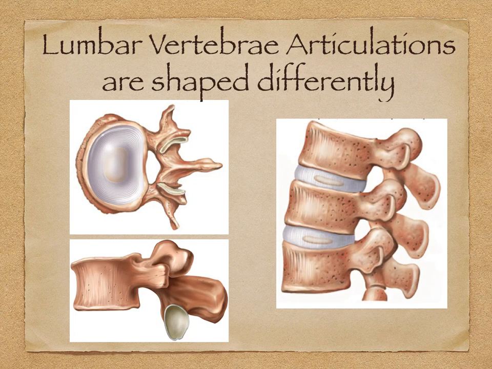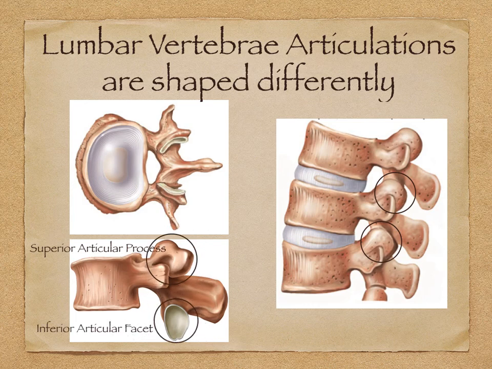The part of the vertebra that sticks up and reaches up to touch the bone above it is right here. So you can see they're touching in the exact same place, right? Each bone has a superior articular process and an inferior articular process.